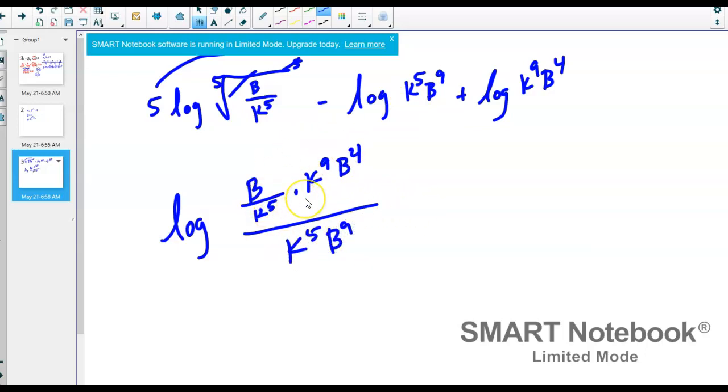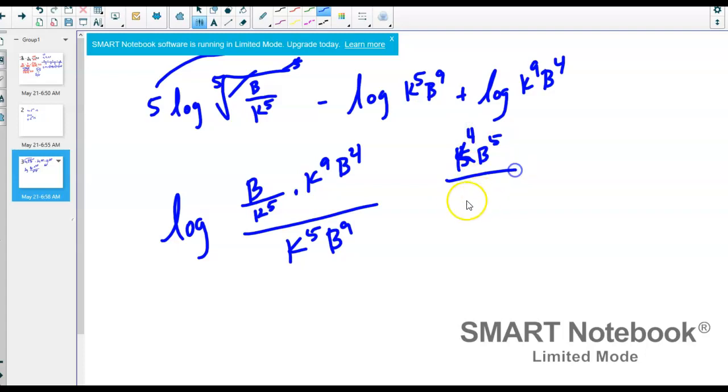So I want to simplify what's up top here first. When I do that, I'm going to get B to the 5th, because I multiply those, and then these are going to subtract, so that'll be K to the, how about a K, not a 5?